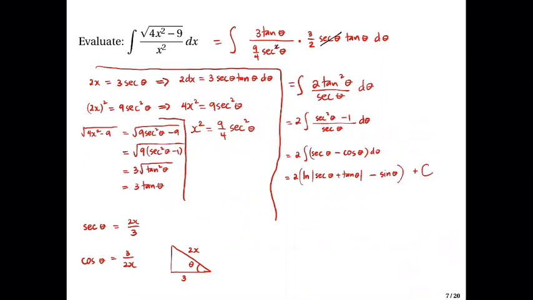And if you calculate the opposite, this is just square root of 4x squared minus 9. Take note that you can easily get tangent theta from this. You need the tangent theta here, but you can get it directly from here.